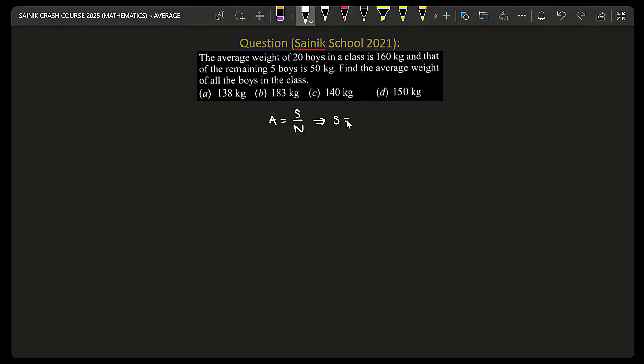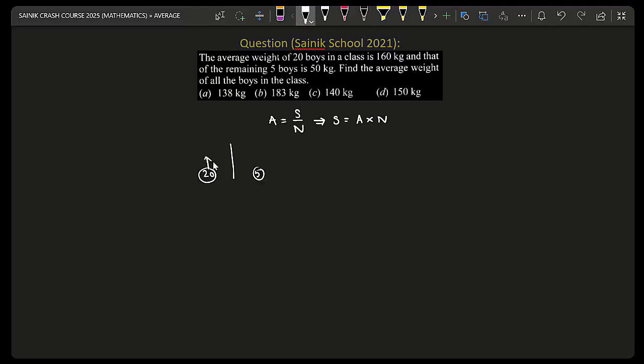Yes, sir, by multiplying number and average. Transpose number to the left side. It will be average multiplied by number, isn't it? Yes, sir. You can remember one more formula for sum. Average is sum by number, and sum will be average into number. Suppose there is a class. In that, 20 boys are separated, 5 boys are separated.